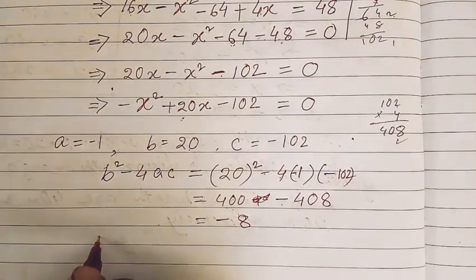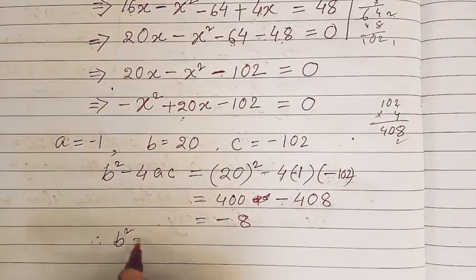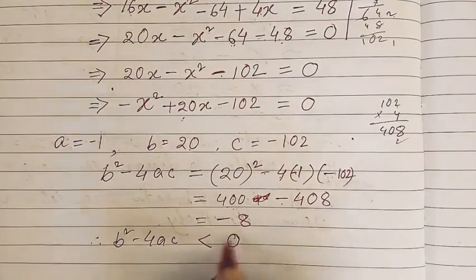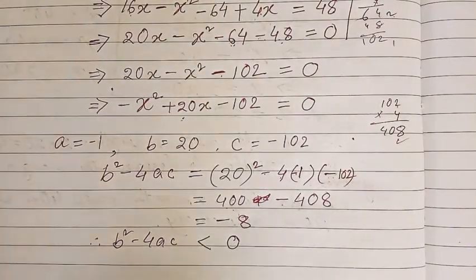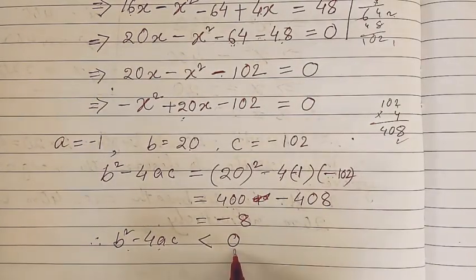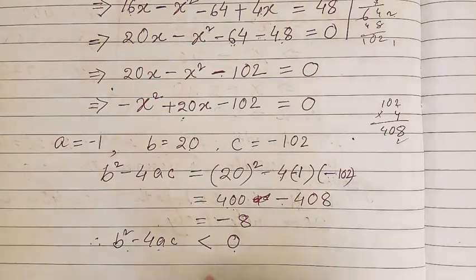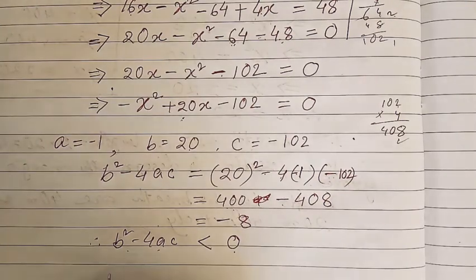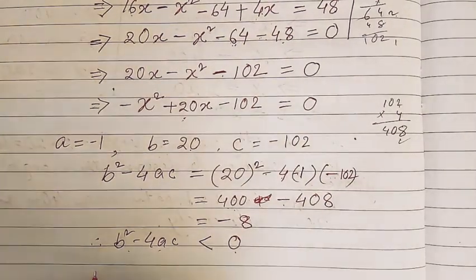That means b square minus 4ac is less than 0. And you already know, if b square minus 4ac is less than 0, then there are no real roots.